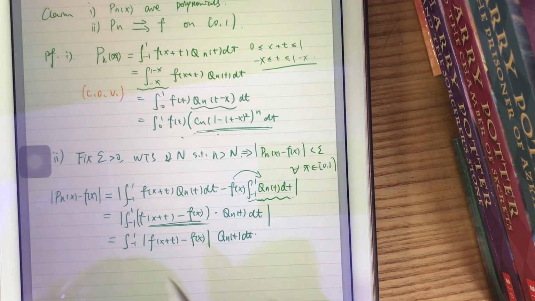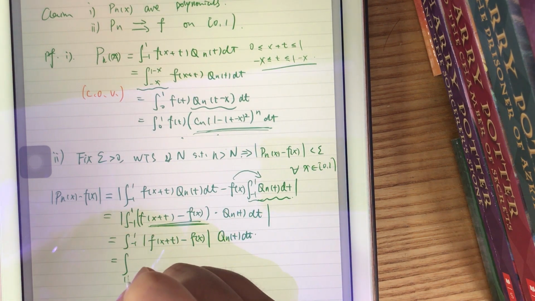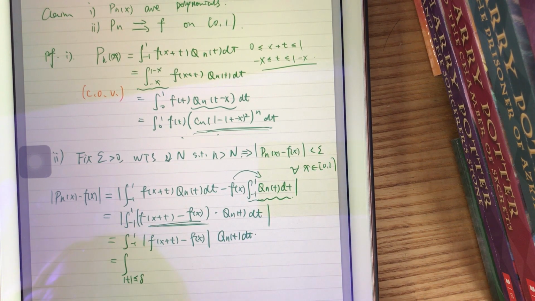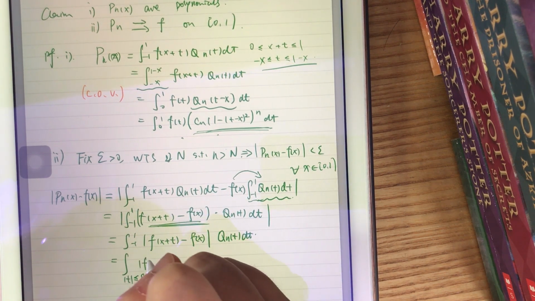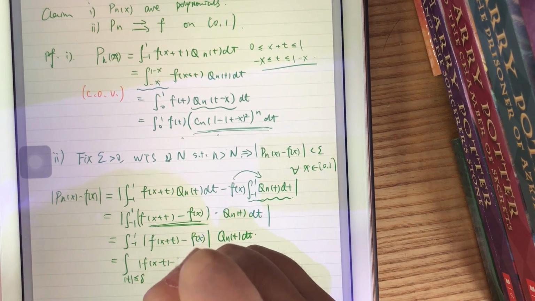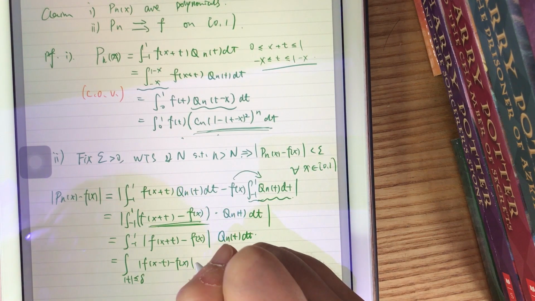We will get, well, if we separate it into two parts: when t is less than delta, and when t is larger than delta.